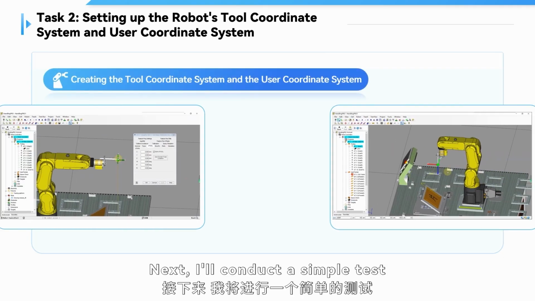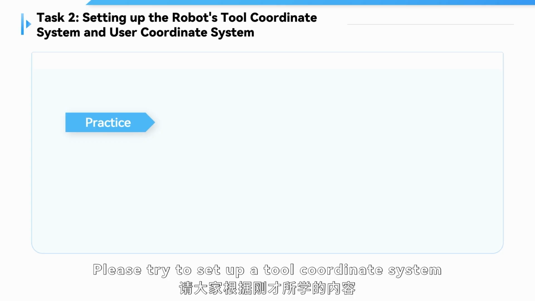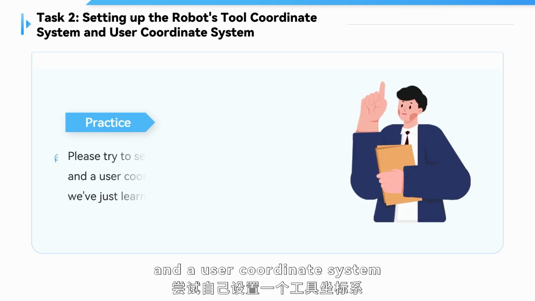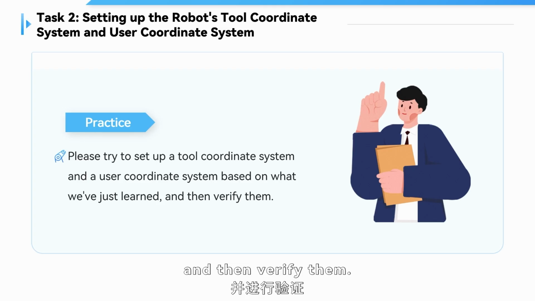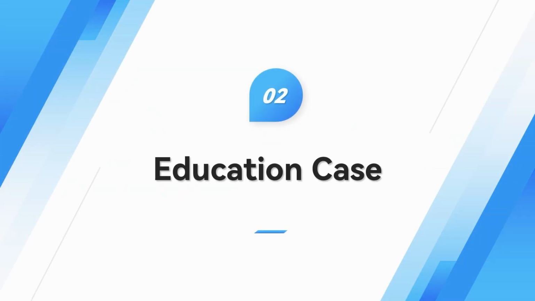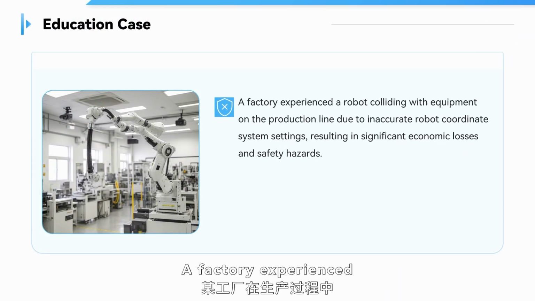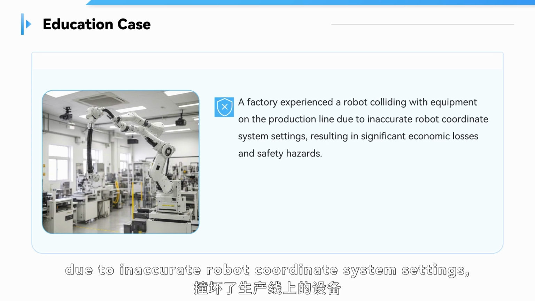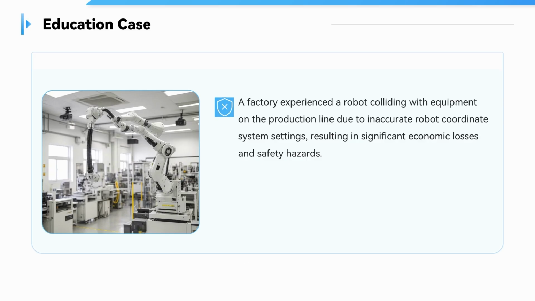Next, I'll conduct a simple test to check your learning outcomes. Please try to set up a tool coordinate system and a user coordinate system based on what we just learned, and then verify them. Here, I'd also like to share a case with you. A factory experienced a robot colliding with equipment on the production line due to inaccurate robot coordinate system settings, resulting in significant economic losses and safety hazards.